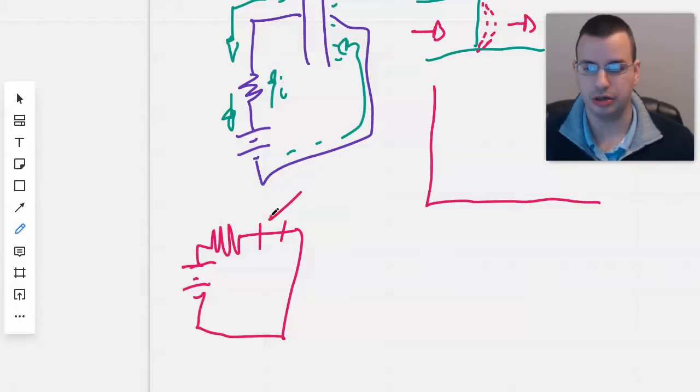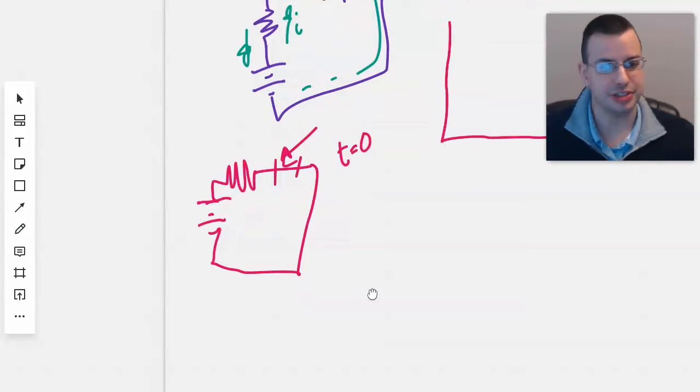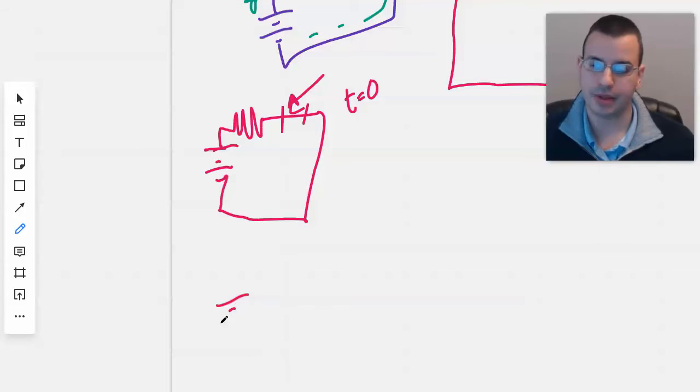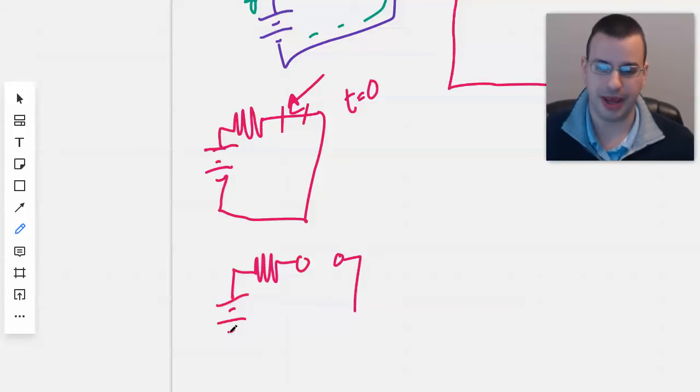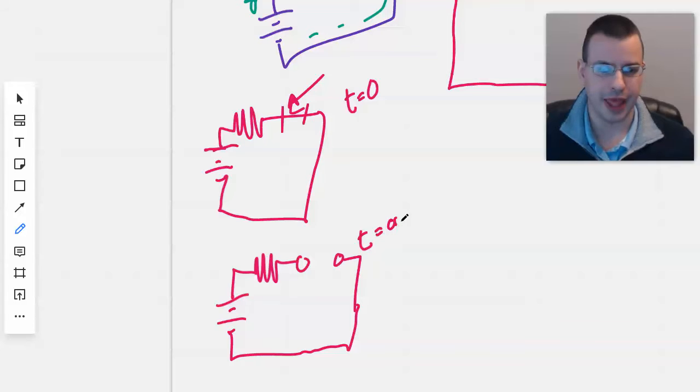Right here, that piece of wire at t equals 0 is basically the capacitor, acting as if it wasn't even there. And then for a long period of time, it also acts like the capacitor isn't even there, but this time instead of a straight wire, it's approximated as an open, so no more flow.